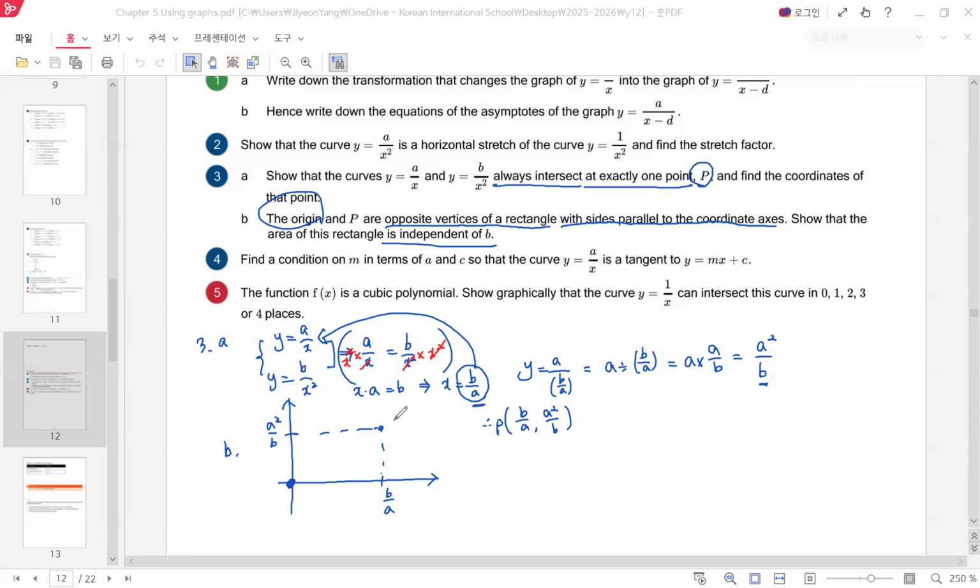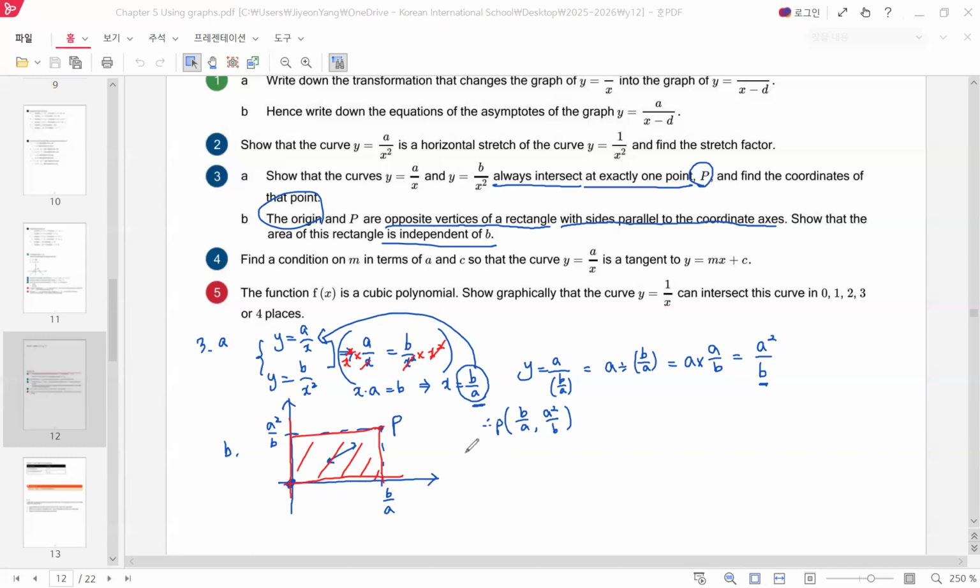This is P. They are opposite vertices of a rectangle with sides parallel to the coordinate axes, meaning the x-axis and y-axis. So the rectangle should look like this, right?